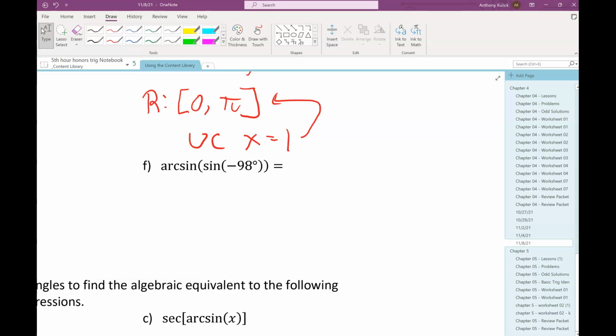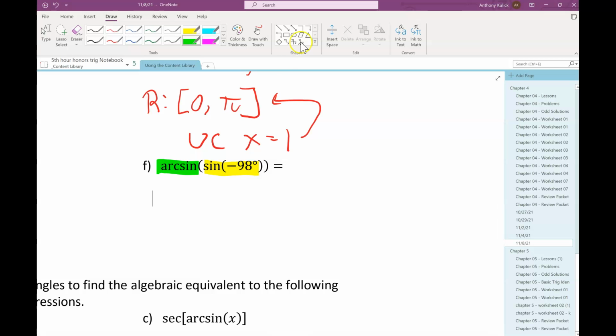So the thing we have to be careful about here is that since we're doing sine of and then an arc sine of, we can't just willy-nilly cancel those out because we have an actual specific angle measure given to us here, as opposed to the previous problem where it was a variable expression.